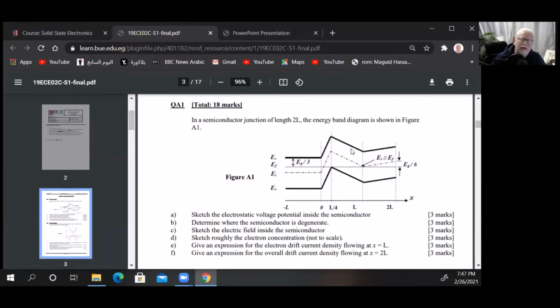Of course, you will have another new energy bandogram in your final exam, but you still have the same procedure of solving: how you can get these different parameters and important points using the energy bandogram. So let's start now solving this problem together, as a refresher of our knowledge about solving problems related to the energy bandogram.